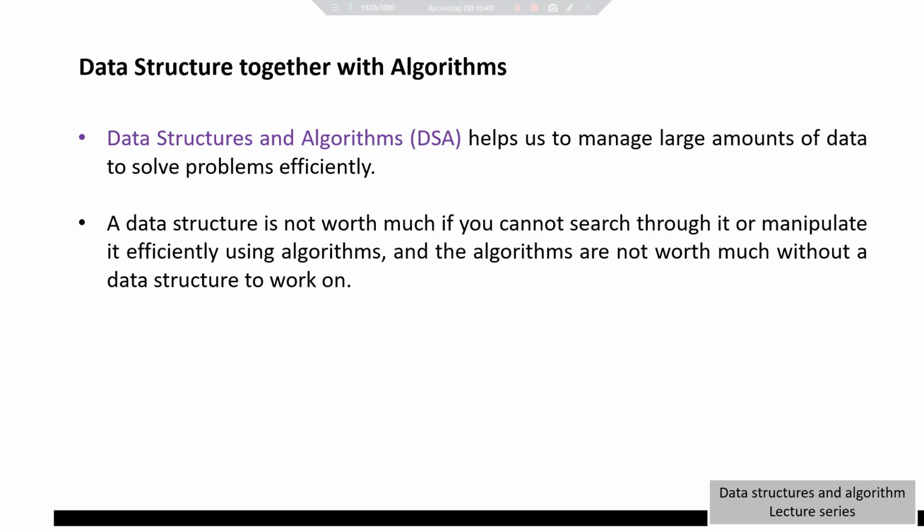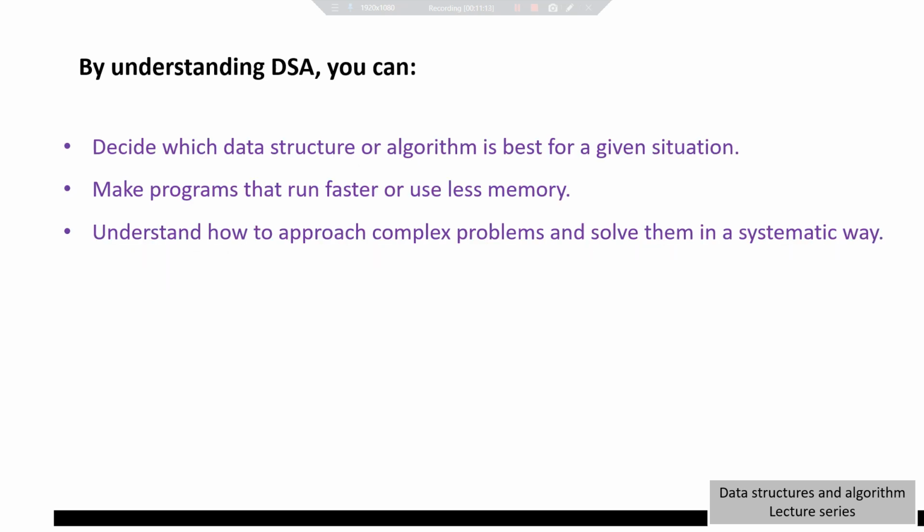So data structures and algorithms together help us manage large amounts of data and solve problems efficiently. A data structure is not worth much if you cannot search through it and manipulate it efficiently using algorithms. And algorithms are not worth much without a data structure to work on, right? So both are dependent on each other.